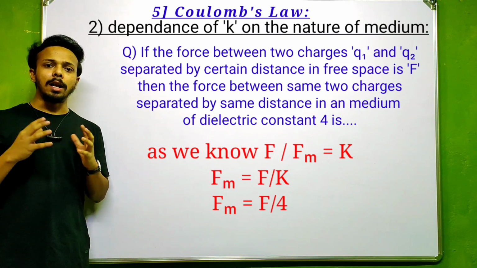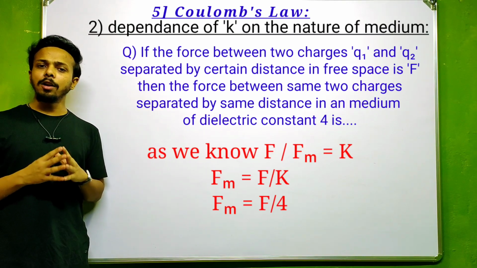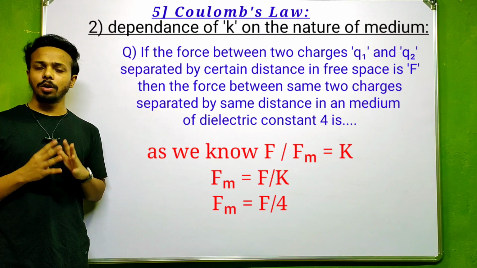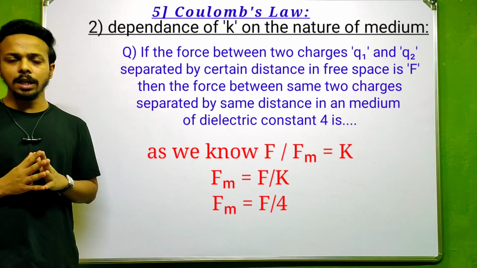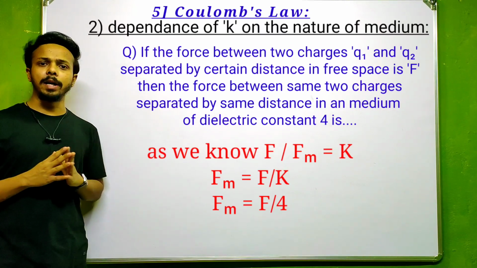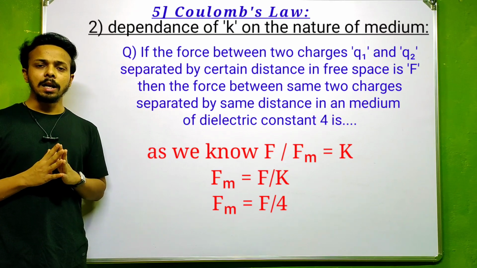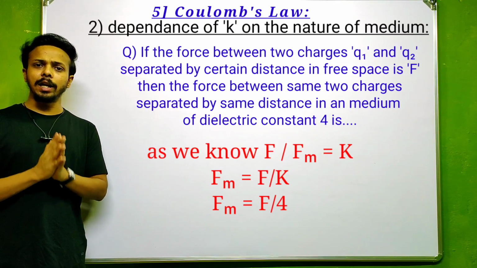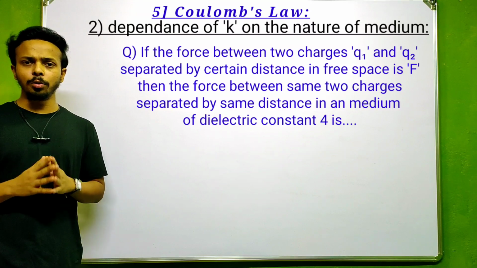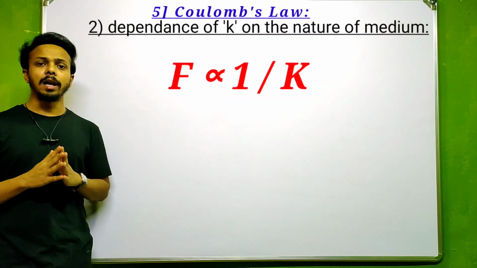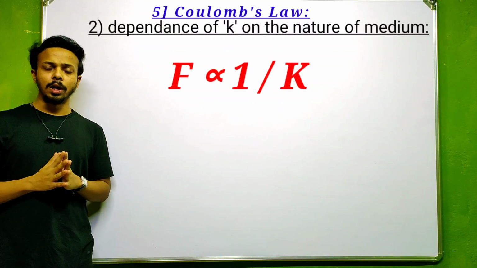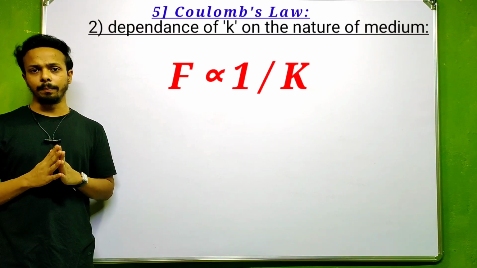Okay. So the value of K depends on two factors: the system of units, and the nature of the medium between them. And now guys, from this it is very clear that the force between two stationary point charges is inversely proportional to the dielectric constant of the medium.